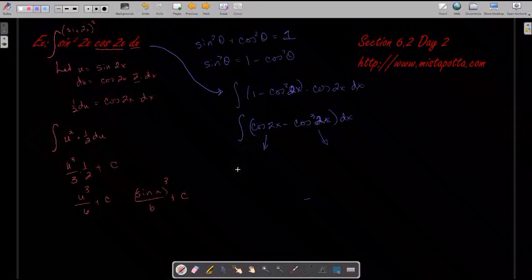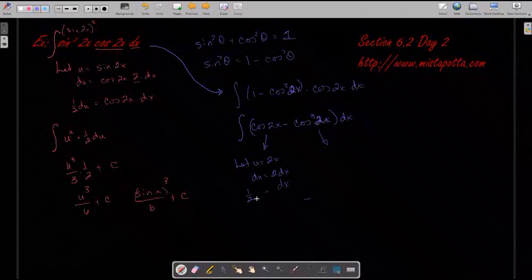And in this case, if I let u be 2x, then du would be 2 dx. But all I have is just 1 dx. So I end up with 1/2 du.